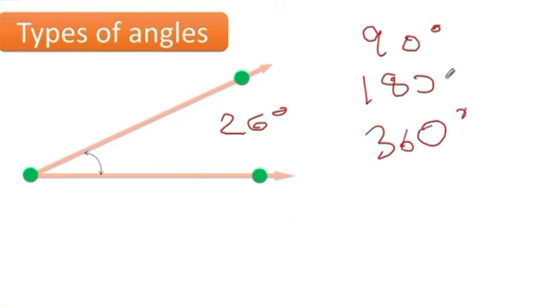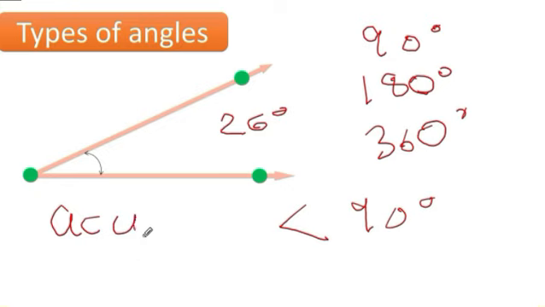This type of angle, which is 26 degrees, is less than 90 degrees. These types of angles are called acute angles.